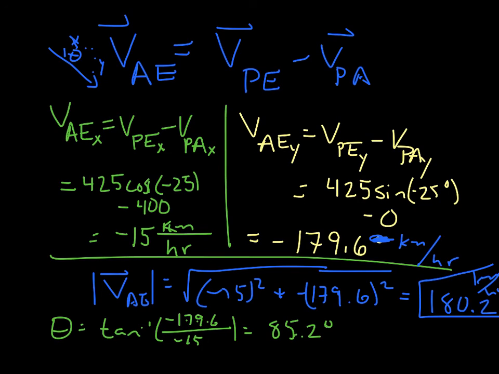If we notice, our components are negative: x is negative 15 and y is negative, so we're going this way, which is not what the calculator angle shows. So what do we have to do? That's right, add 180 degrees. The evil tangent strikes again, and we get our final angle at 265 degrees.